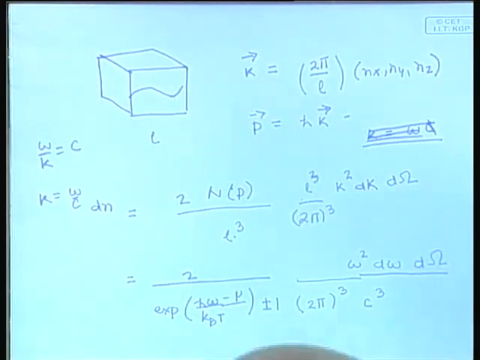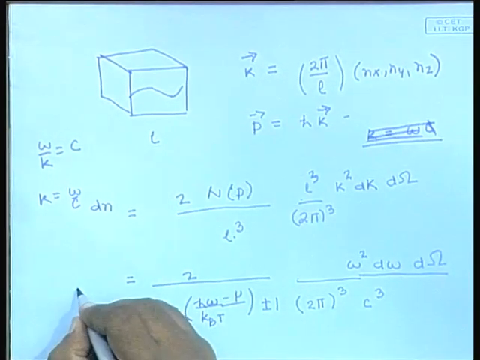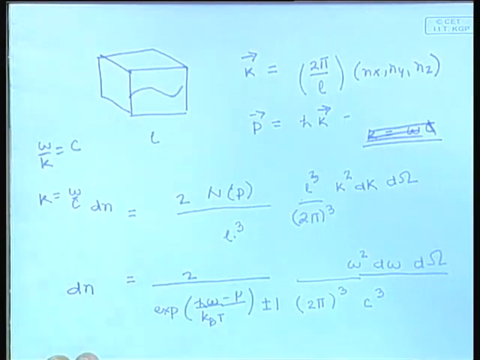So, this gives us the number of particles with angular frequency in the range omega and omega plus d omega, traveling within the solid angle d capital omega.